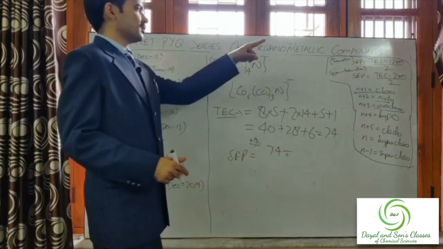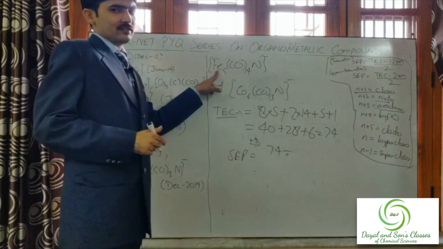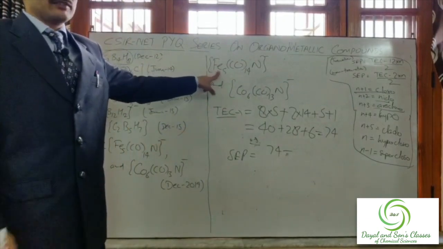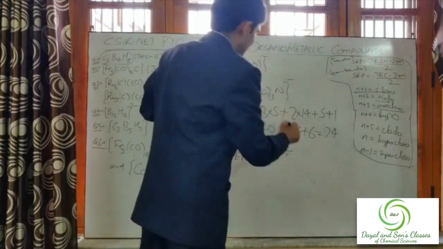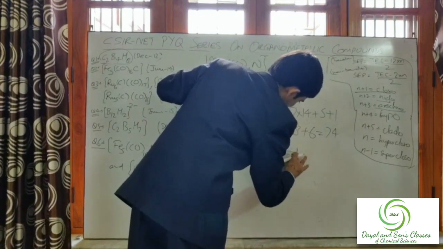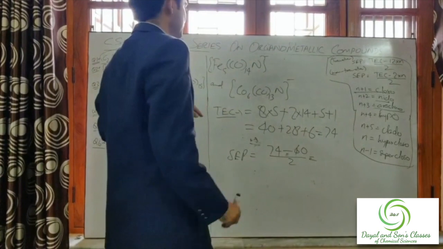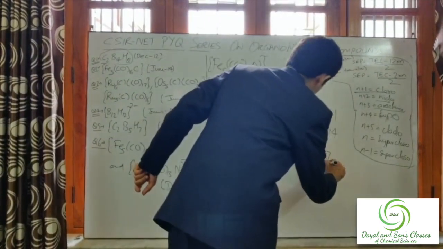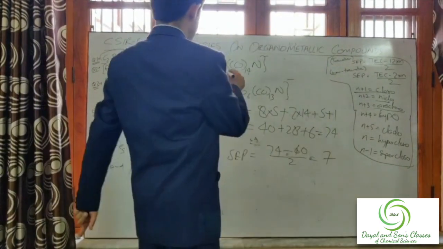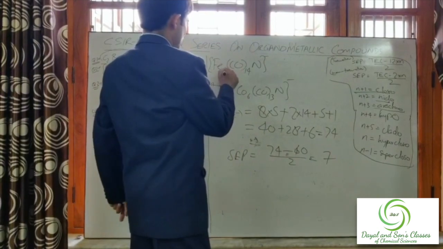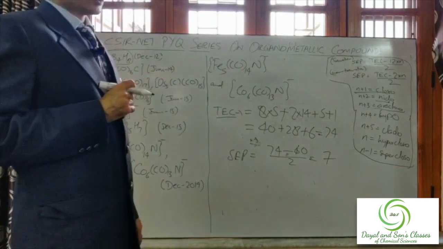There are 5 irons, that means 5 vertices. 12 into 5 is 60, divided by 2, this will come out to be 7.